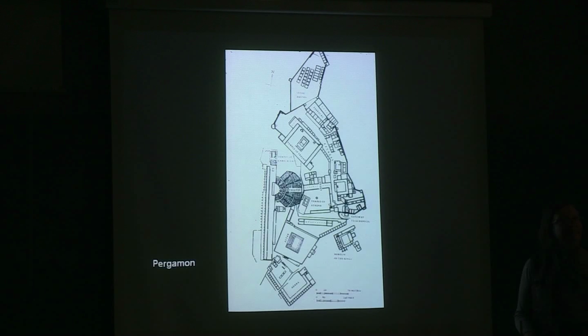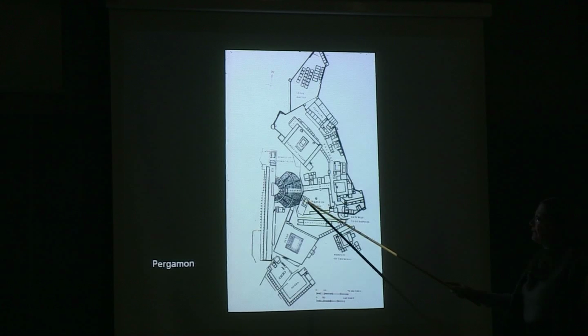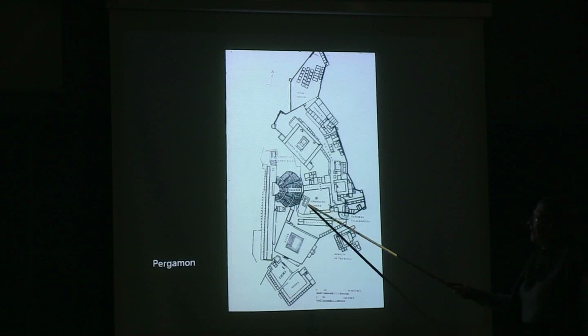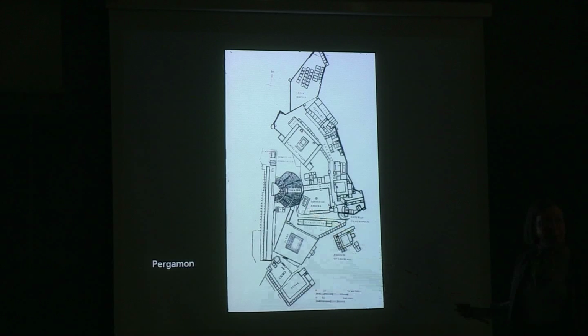On the other hand, when we go to another site, to Pergamon, we see that the rules are broken altogether. If you look at the Acropolis of the Pergamon citadel, the Temple of Athena is quite high, but it is very small.